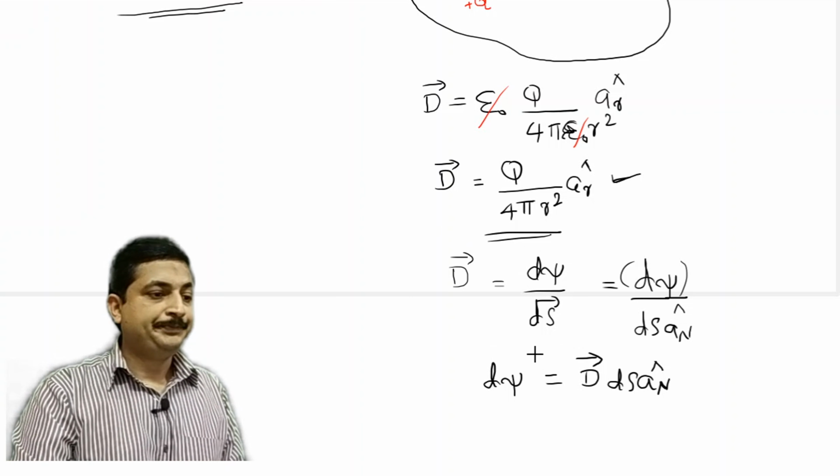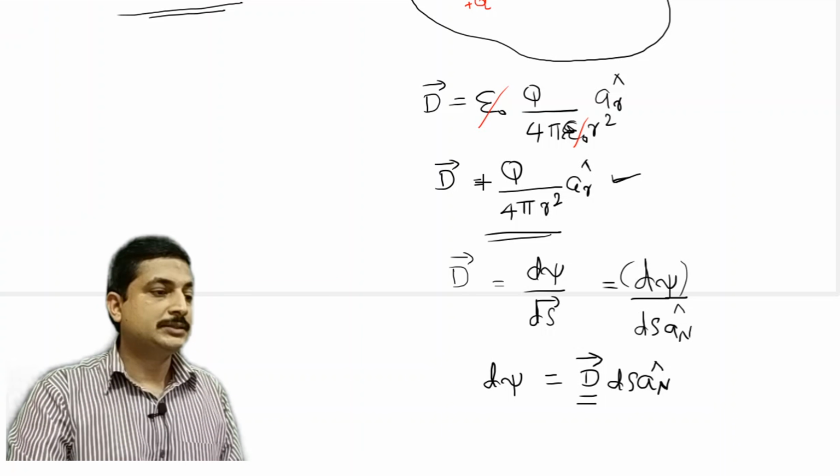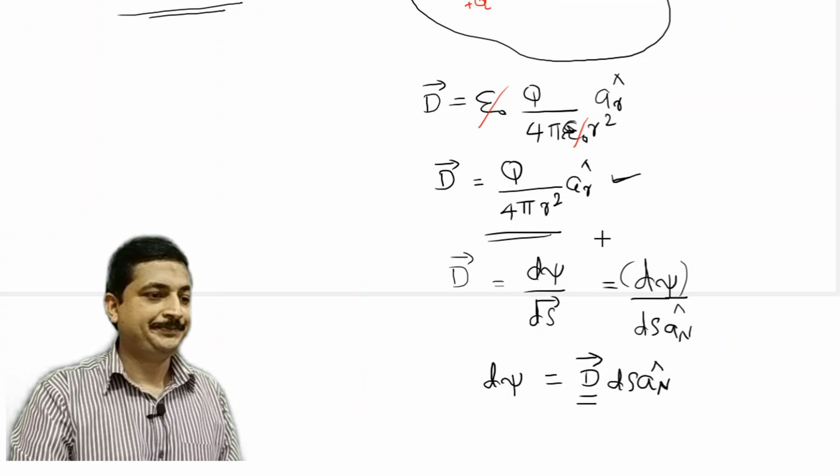Now for this D vector, I will substitute Q divided by 4 pi r square A R cap.